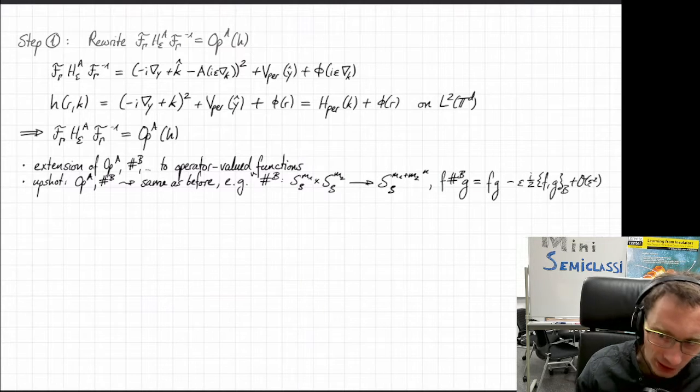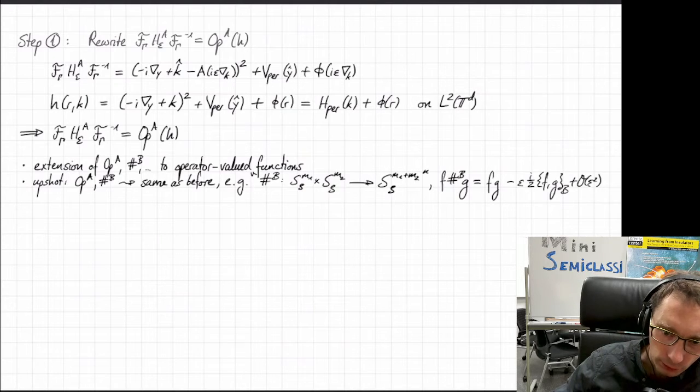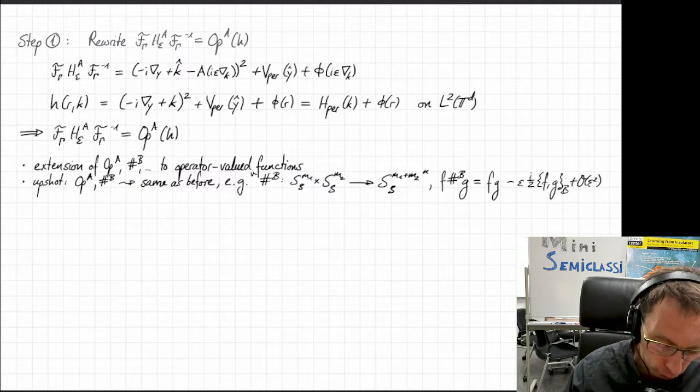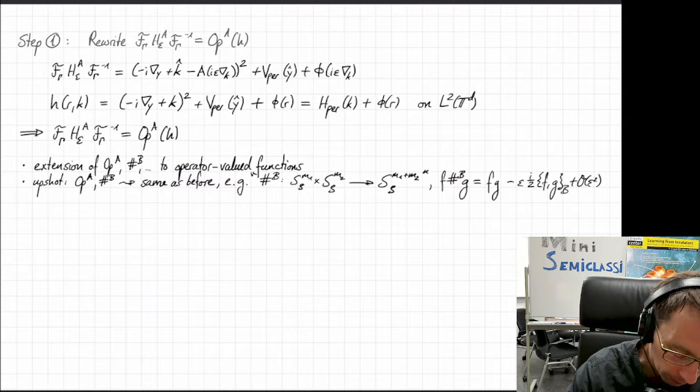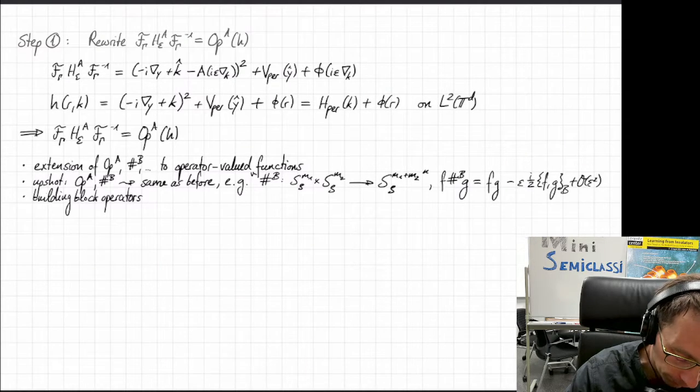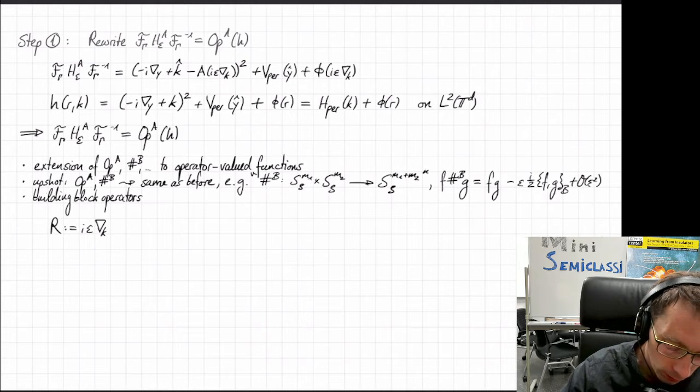So the point is, it works the same as before. You just have to define very carefully what these objects mean. Let me be just a little bit more precise. Here, the building block operators: first, I have a position operator, which is i epsilon gradient in k.